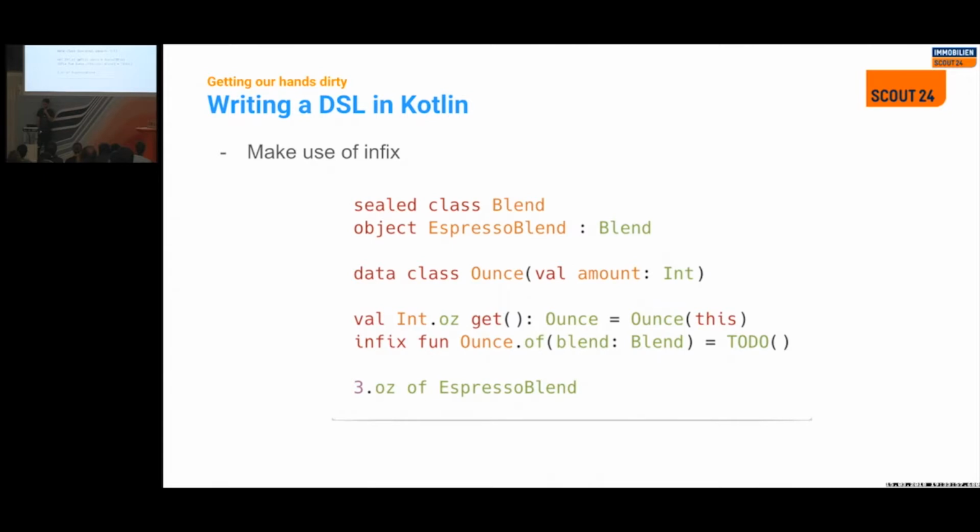Another very useful part is an infix function, which enables us to define a function for a class and use it without any brackets and with empty spaces. So as odd as this last line looks, this is compilable Kotlin code, as the infix allows us a very natural syntax.